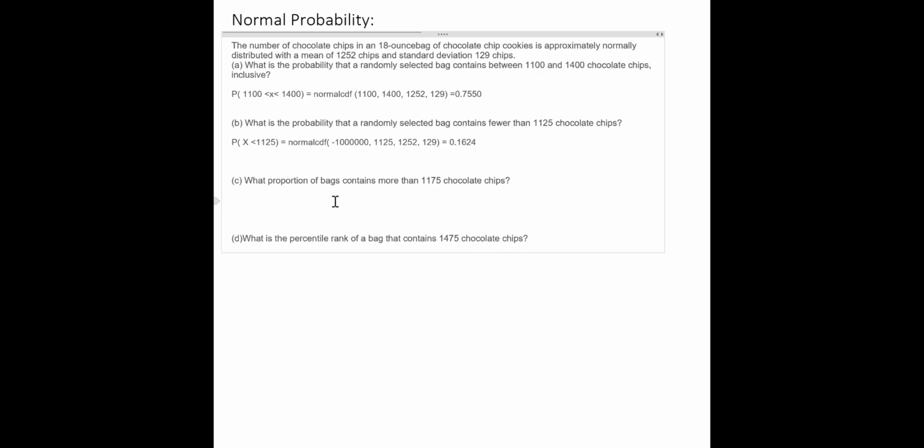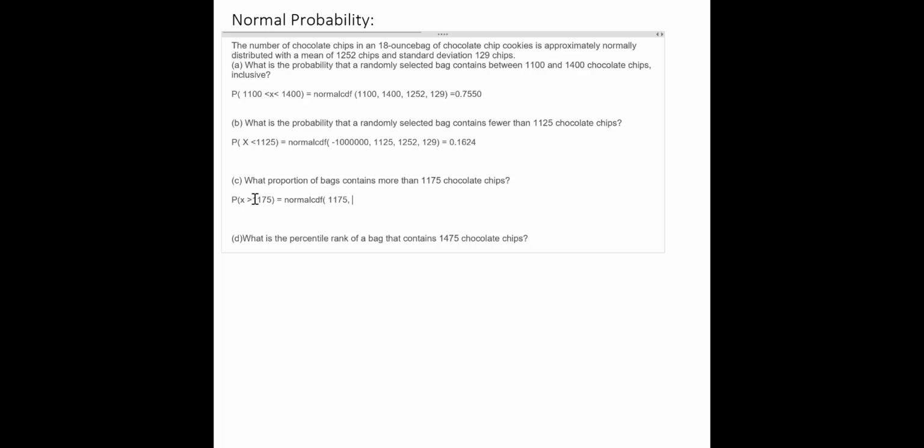Now, what proportion of bags contain more than 1175? It means if a bag is selected at random, what's the probability that it contains more than 1175? So it's the probability of X greater than 1175 equals normal CDF. You use the function on the calculator, and you start at 1175. That's your lower bound.